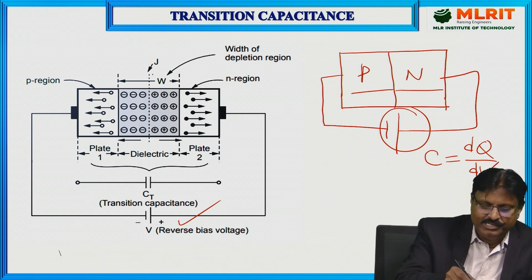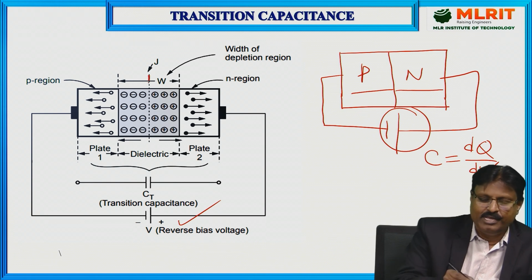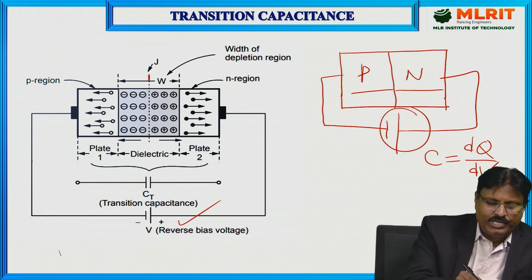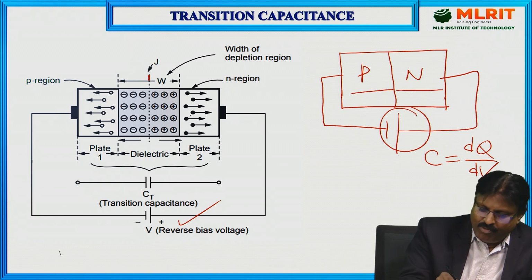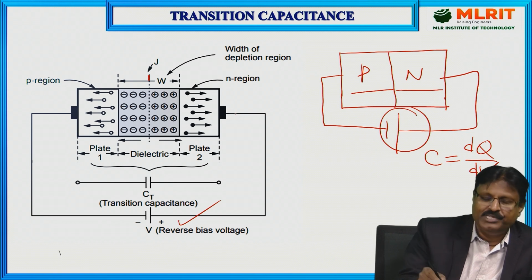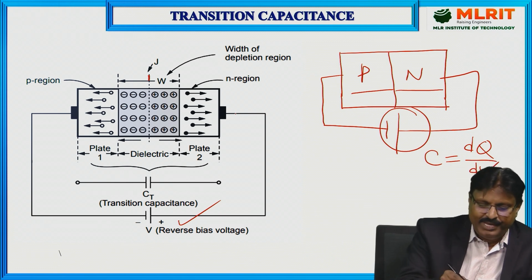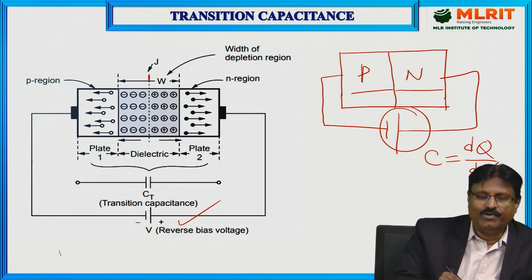As you can see, the holes are moving away from the junction in order to come out of the device. Similarly, the electrons are moving out of the device, away from the junction.